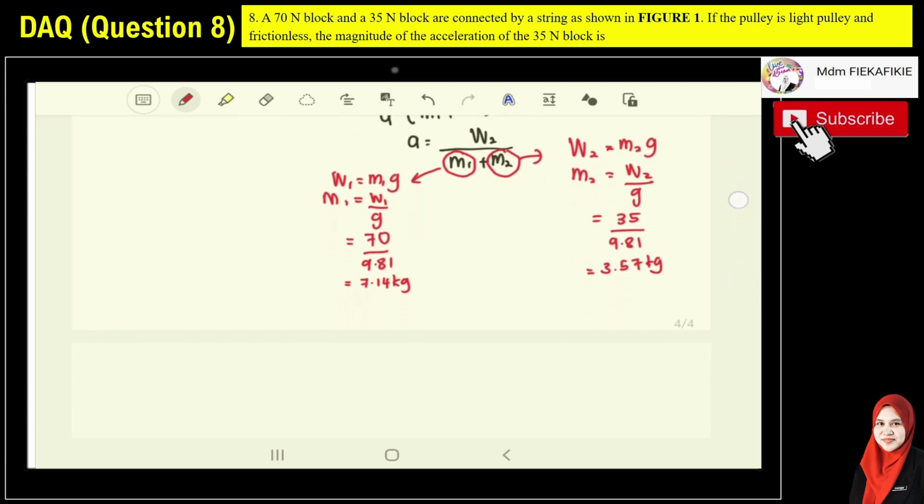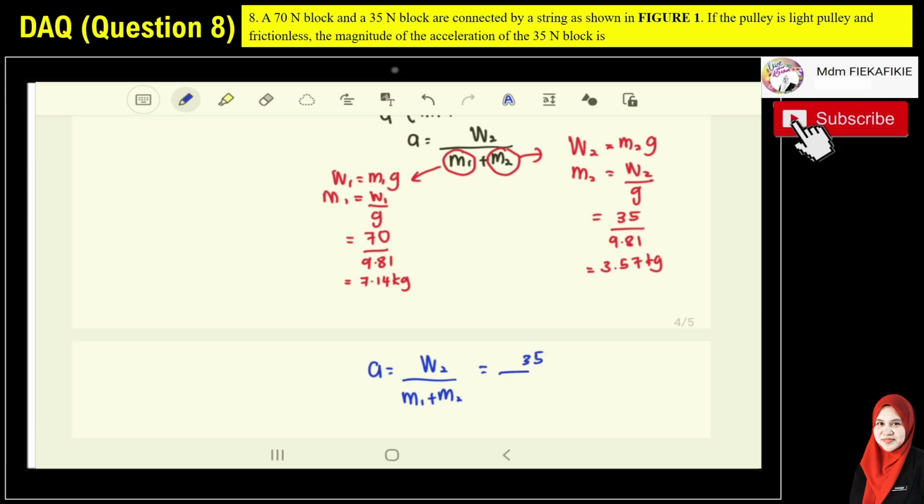Therefore, the acceleration a is equal to W2 over (m1 plus m2), where W2 is 35 Newton, m1 is 7.14 kg plus 3.57 kg. Finally, the answer is 3.27 meter per second squared.